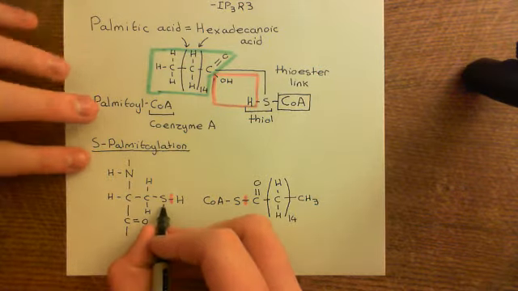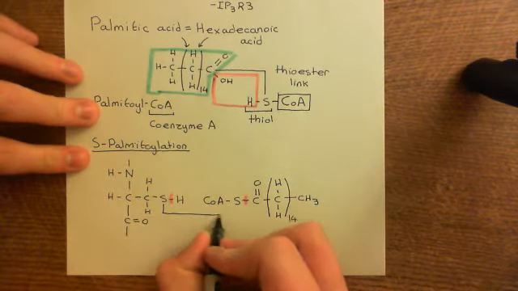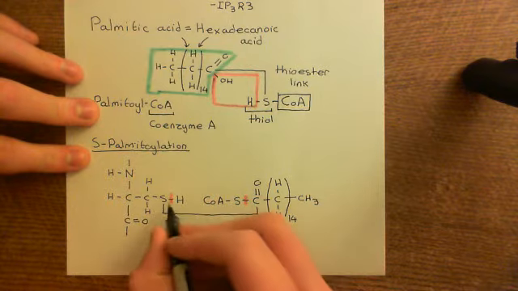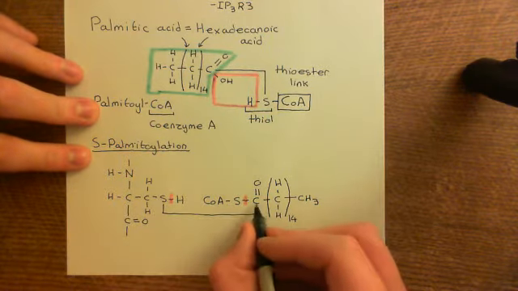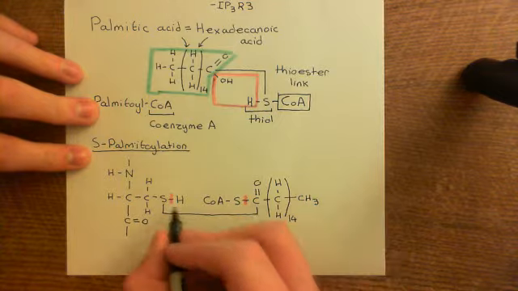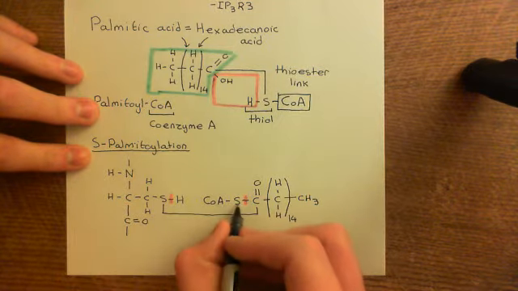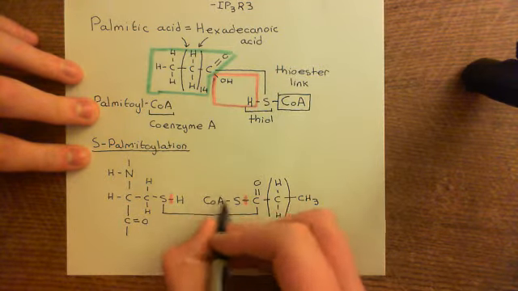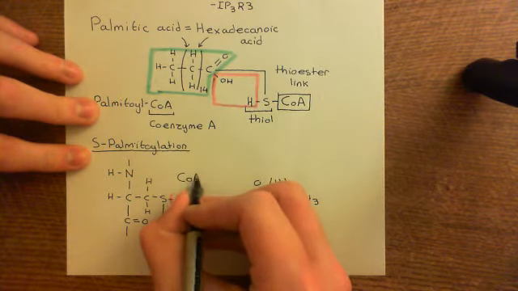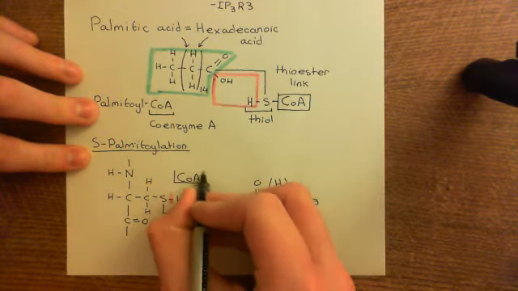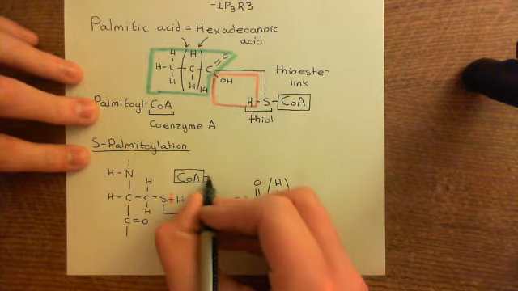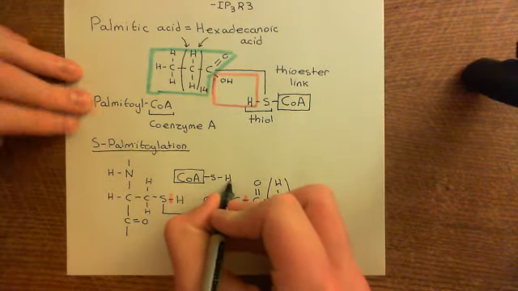What you're then going to do is bind this sulfur atom to this carbon atom, which you can do because this sulfur atom has a free electron and this carbon atom has a free electron. You will then bind this hydrogen atom to this sulfur atom of the coenzyme A molecule, and thereby you will regenerate the coenzyme A just as it was originally with its intact thiol group.